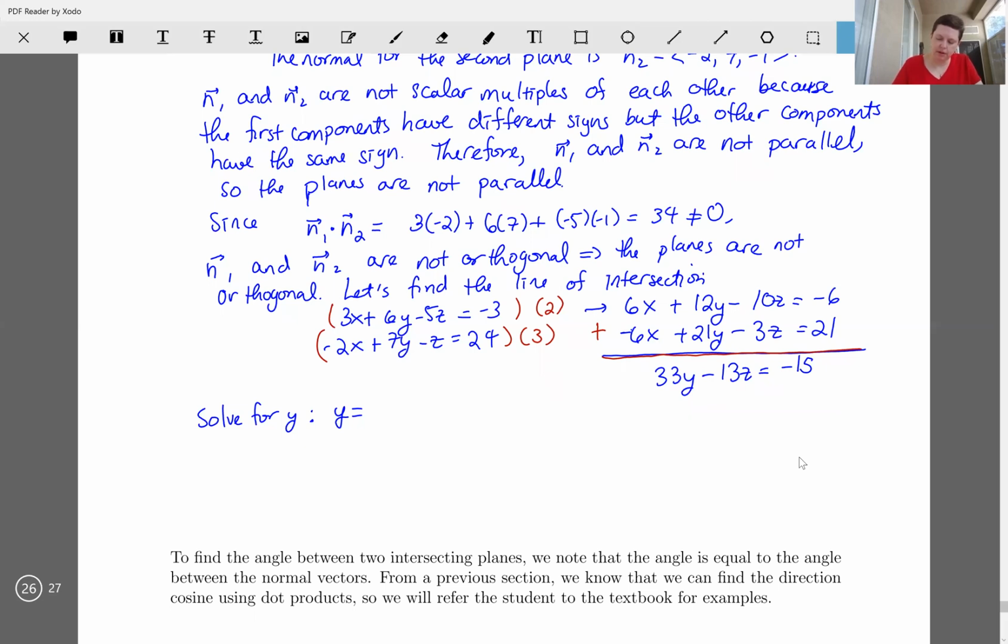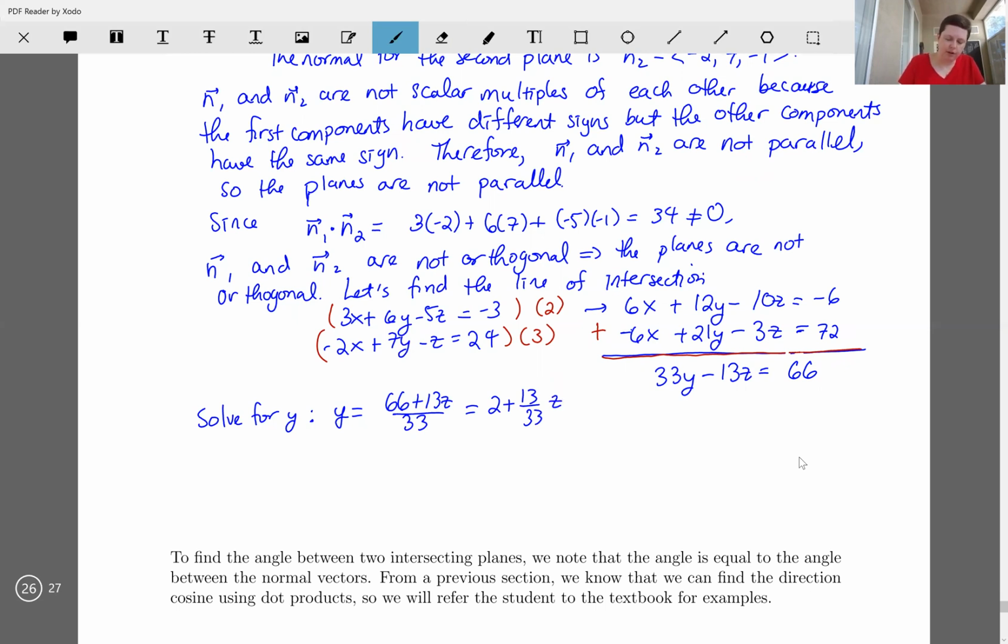Apparently when I multiply, hold on, let me go back up here. 3 times 24 is 72. 72 minus 6 is 66. There, that's much better. Sorry about that error. Good thing I caught it. So y is going to be 66 plus 13z over 33, which is 2 plus 13 over 33 times z.